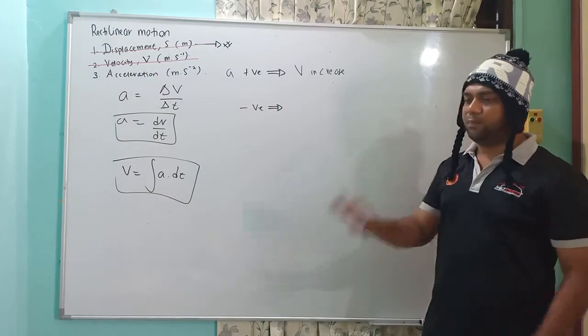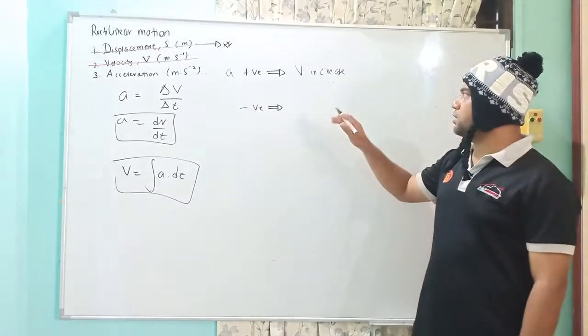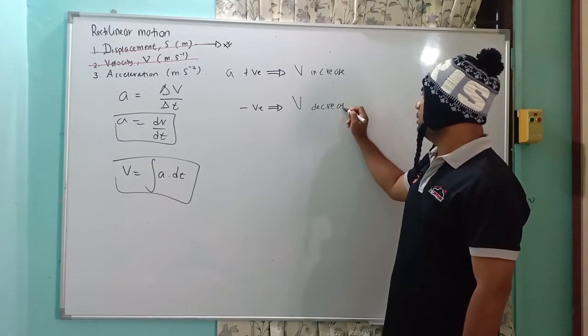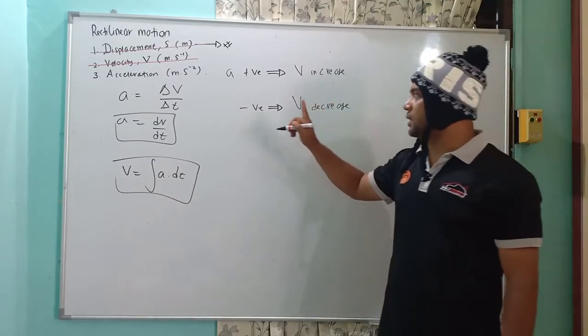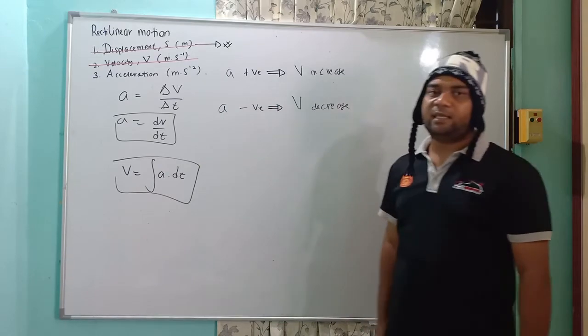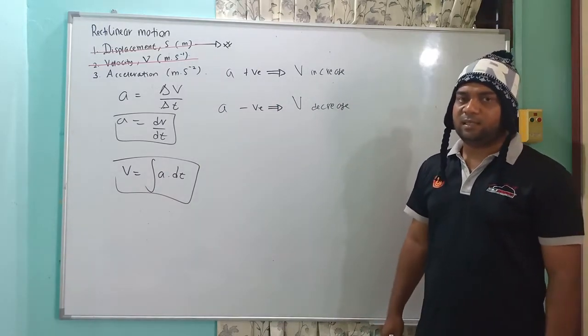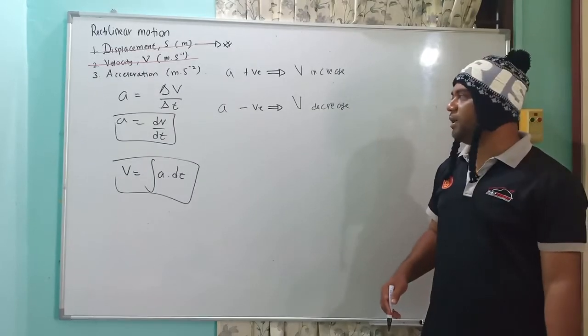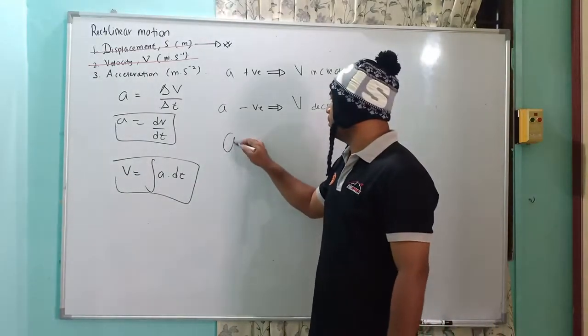But if you push on the brake, the velocity will decrease, so A will be negative acceleration.